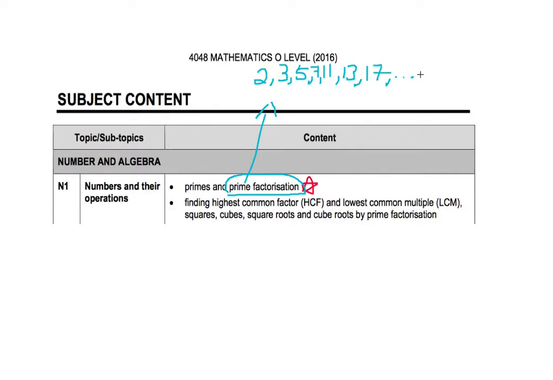So what does this have to do with all these prime numbers? Basically, prime factorization means that we want to break a number down to its prime numbers, to the simplest form: 2, 3, 5, 7, 11, 13, 17.